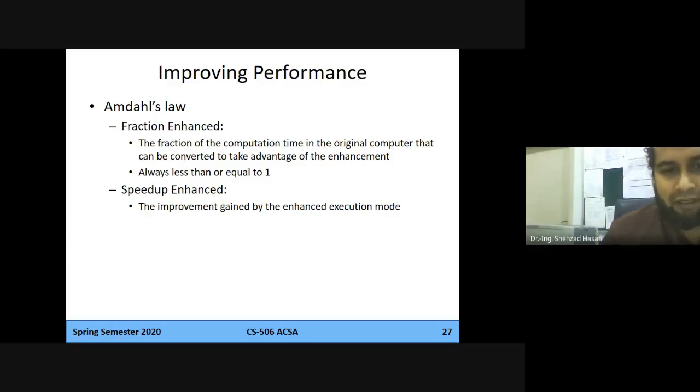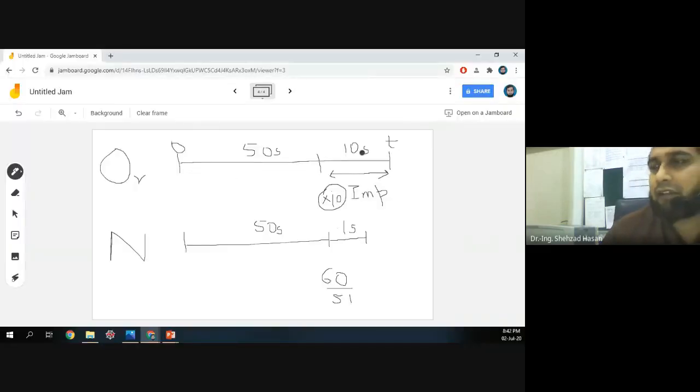For example, if the total time was 60 seconds and I'm going to improve a part of 10 seconds, that fraction is 10 over 60, which is 1/6. So I'm just going to affect 1/6 of the program, and 5/6 of the program is going to remain the same. This term is called the fraction enhanced, or FE.